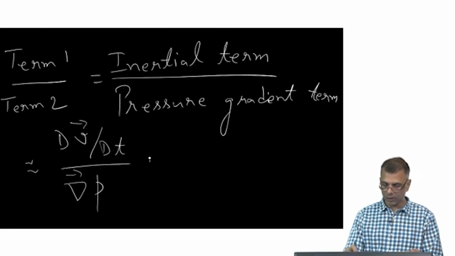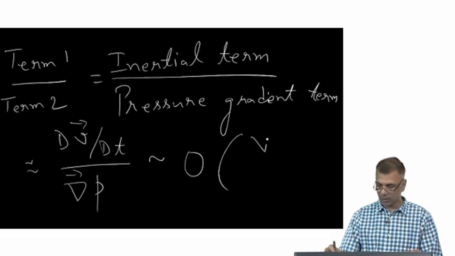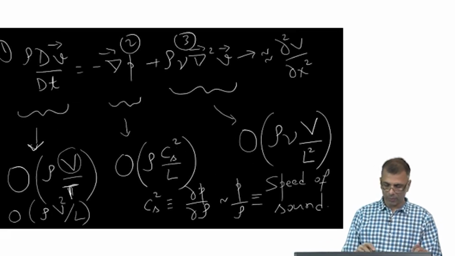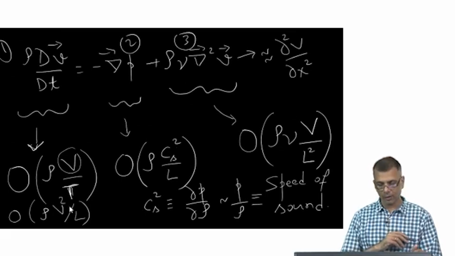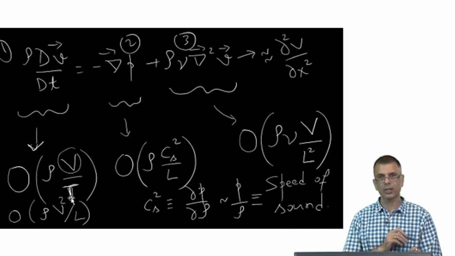This is of the order, and this simply follows from this and this, because the L's cancel out, and the rho's cancel out also. So, all you are left with is V squared over Cs squared.